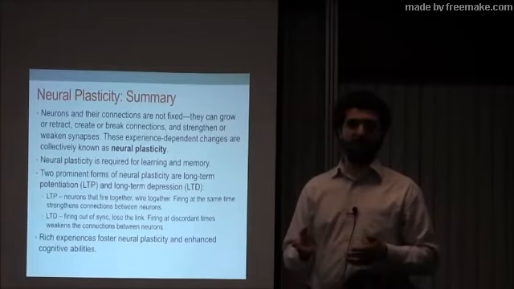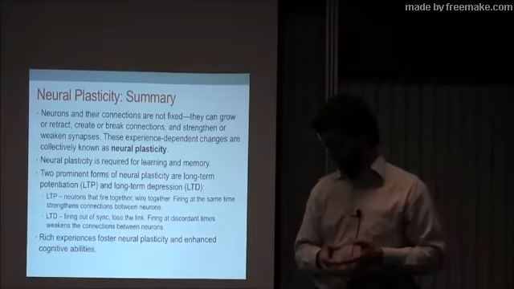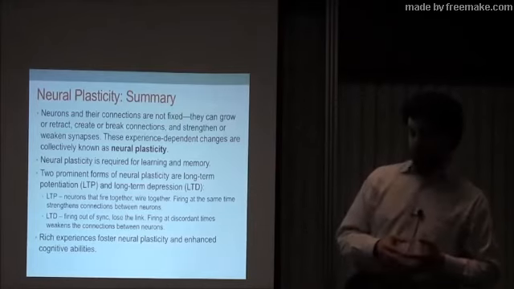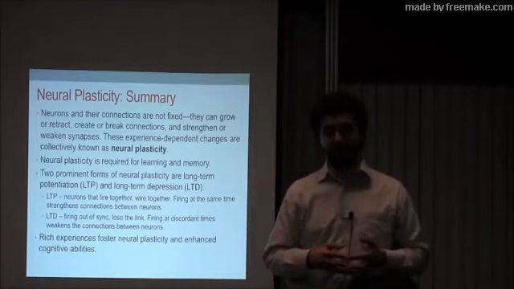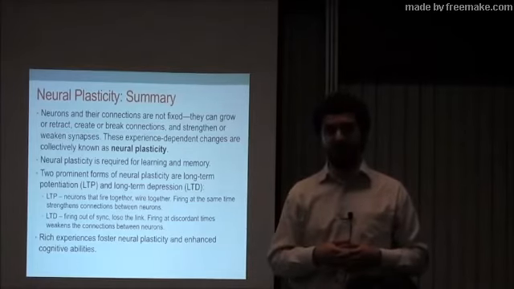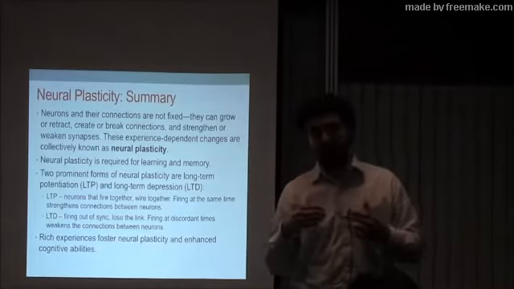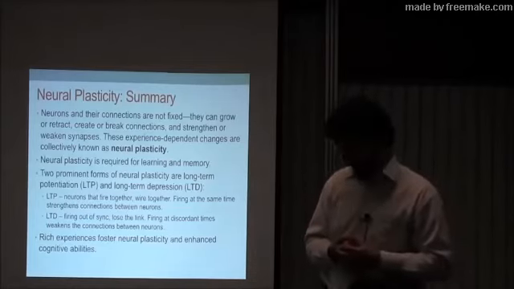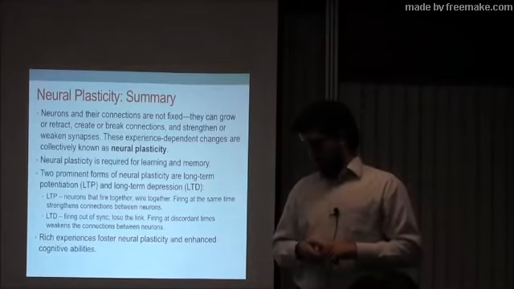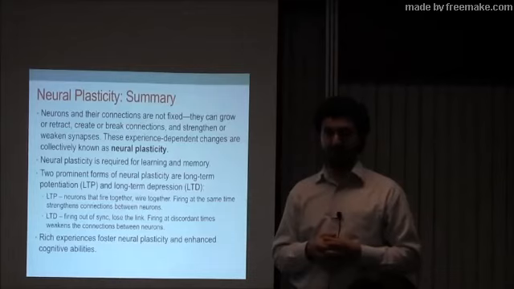They can be strengthened or weakened according to the use of these connections between neurons. And there are 2 processes that are very important in this aspect, namely long-term potentiation, which potentiates synapses, potentiates connections, and long-term depression, which does exactly the opposite. And I would urge you all to think about this in the context of memory formation and forgetting.